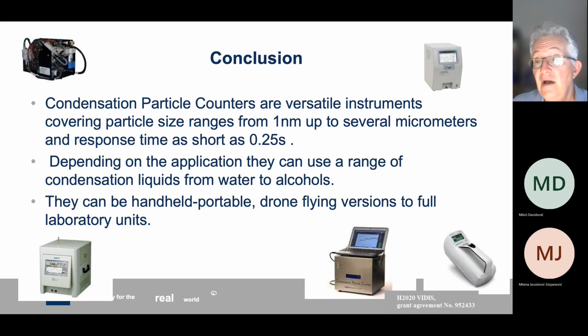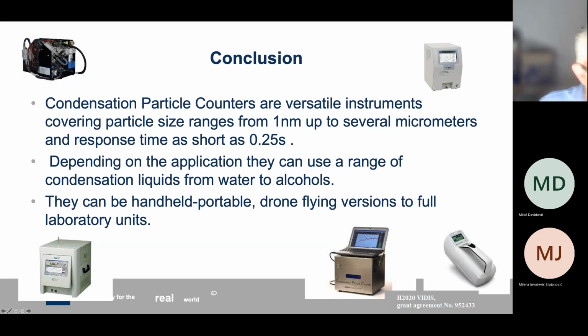And nowadays they have miniaturized them significantly, so they can be portable. This is an example of a very stripped down version of a small particle counter, which can be flown on a drone, and this is below 0.5 kilogram, to large lab-based units or handheld smaller instruments.